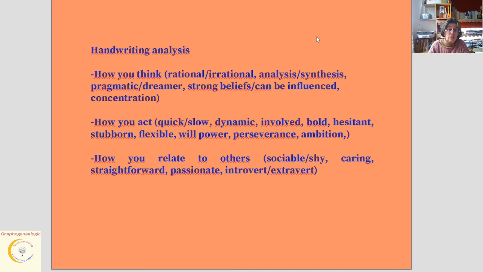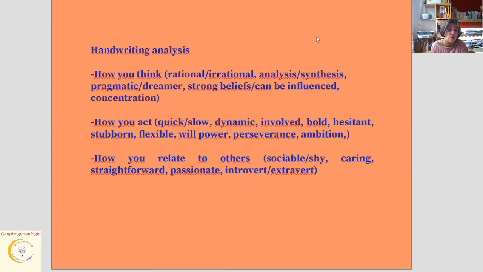So how you act: are you quick, slow, dynamic, very much involved in what you do or not so much? Are you bold, hesitant, maybe stubborn, flexible? Do you have willpower, perseverance, ambition? All this we can tell from the handwriting. And then we will examine how you relate to others. So it means, are you more of an introvert or an extrovert, sociable or shy?